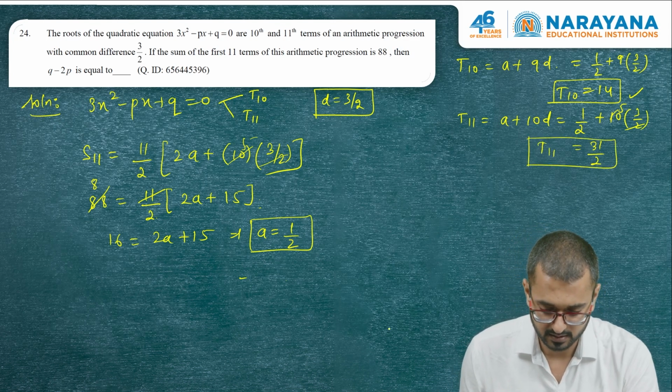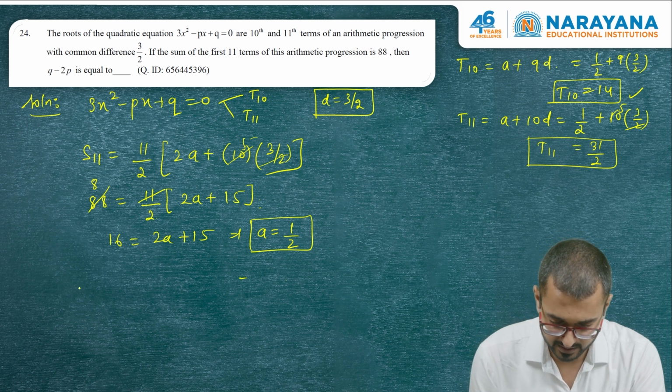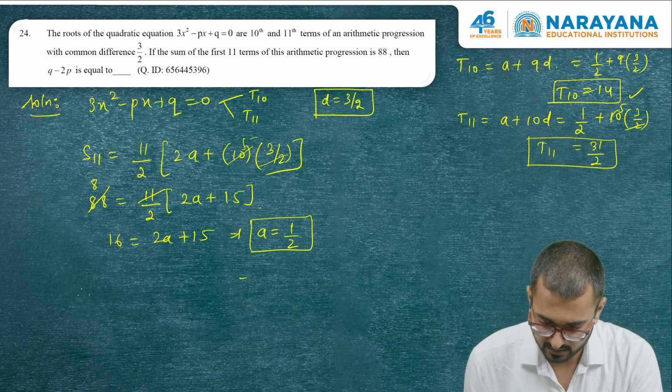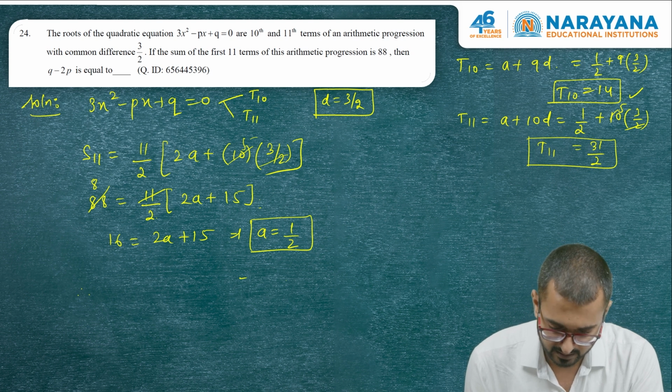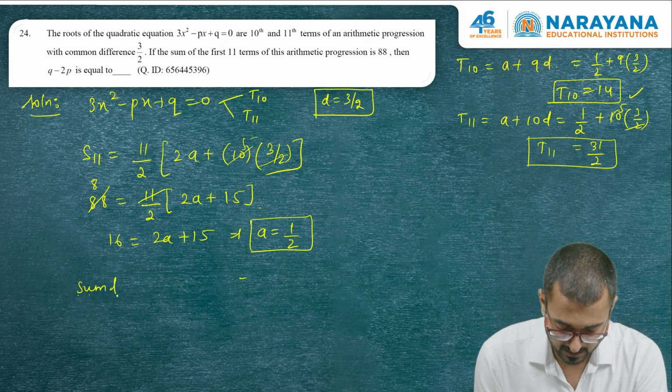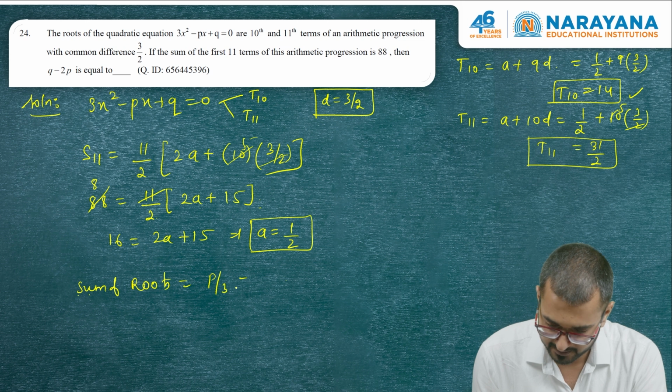Now let's plug in everything into the equation. So I'll be getting the roots of this equation, which we have to find out. We found the roots already: 14 and 31 by 2. Now we'll use the sum of roots, which is p over 3.